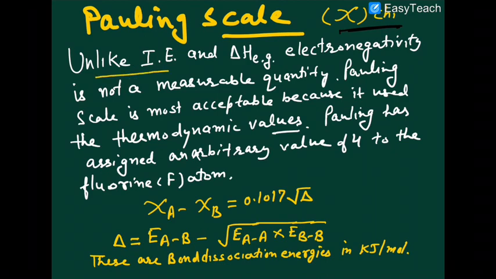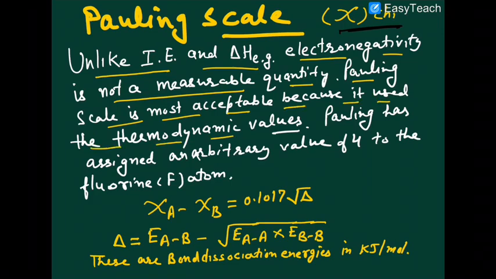Unlike ionization energy and electron gain enthalpy, electronegativity is not a measurable quantity. The Pauling scale is most acceptable because it used thermodynamic values, that is bond enthalpy values. Pauling assigned an arbitrary value of 4 to the fluorine atom.